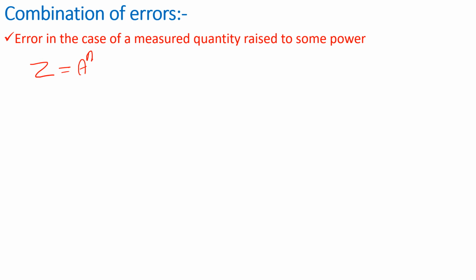Actually we can derive this by using the previous one. A to the power n is nothing but A into A into A into A, how many times? N times. At that time what happens to the error? I have already studied multiplication: A into B gives delta A by A plus delta B by B. But here there is no B, everything is A only. So again delta A by A plus delta A by A, how many times?